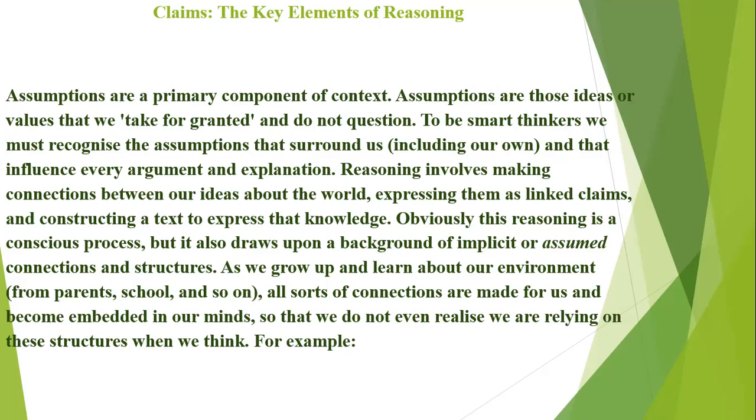Obviously, this reasoning is a conscious process, but it also draws upon a background of implicit or assumed connections and structures. As we grow up and learn about our environment, from parents, school, and so on, all sorts of connections are made for us and become embedded in our minds, so that we do not even realize we are relying on these structures when we think.